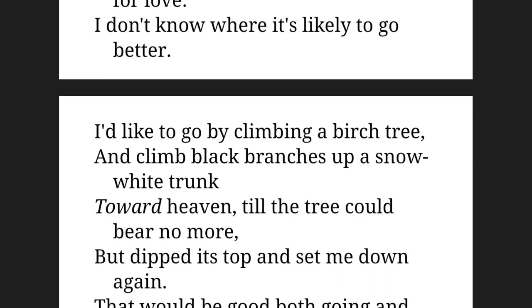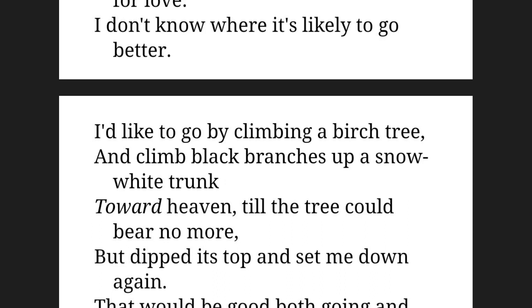The same way as the boy has been described as doing, he says that I also want to do the same thing. I want to climb the black branches up a snow white trunk. I have shown you the picture of the birch trees. They have white trunks. The body of the tree or the tree trunk, as you have seen, are white in color, and the branches up above, from a distance, they look blackish.